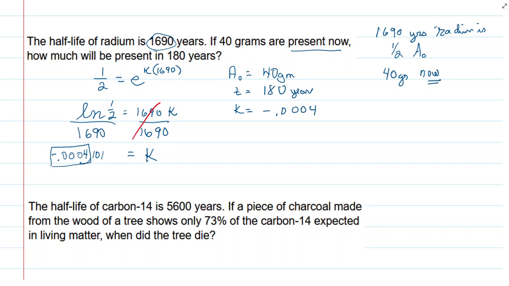And we want to know our A of T. So we're going to say A of 180 equals our 40 e to the negative 0.0004 times 180. Is everybody comfortable with that?